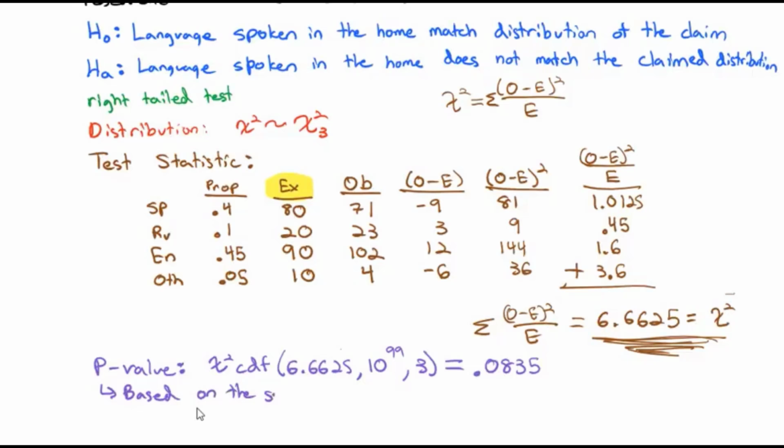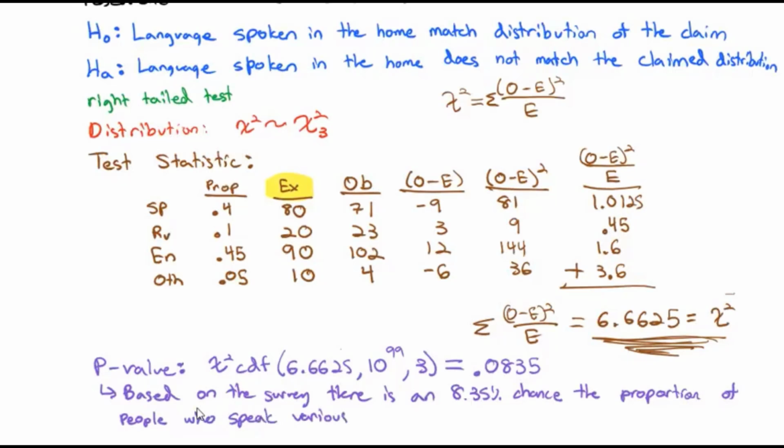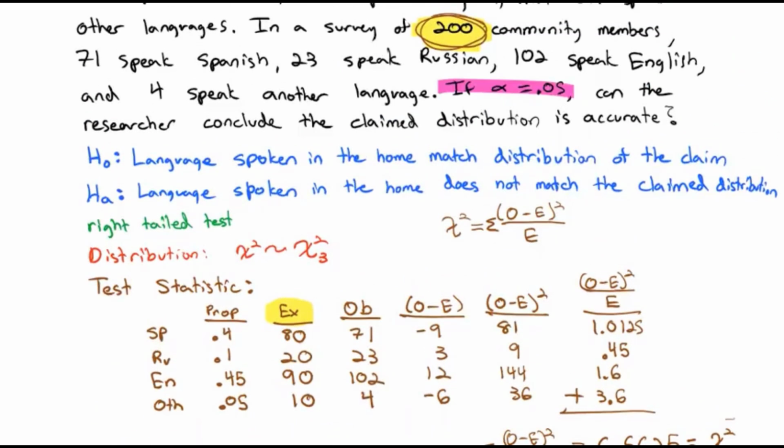Based on the survey, there is an 8.35% chance the proportion of people who speak various languages matches the claimed distribution. 8% chance that it matches the claimed distribution, but we said that alpha is 0.05.